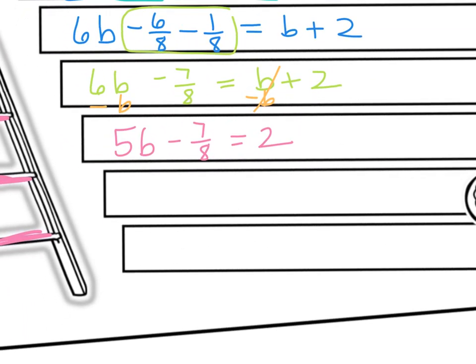Okay, now use inverse operations. So we're going to add 7/8 to both sides. So 5b equals, now 2 plus 7/8, we may want to change 7/8 into a decimal, 7 divided by 8. So then that becomes 2.875.